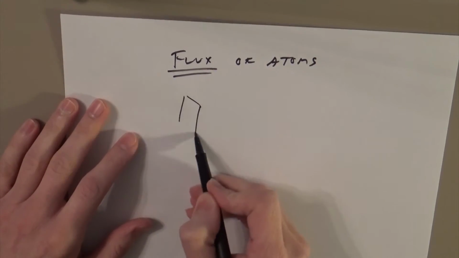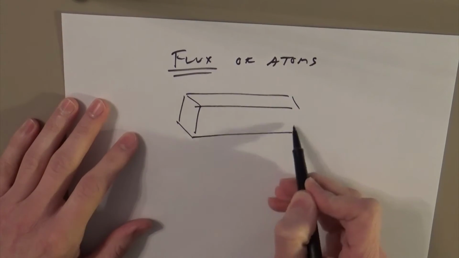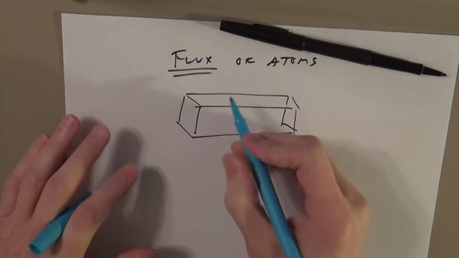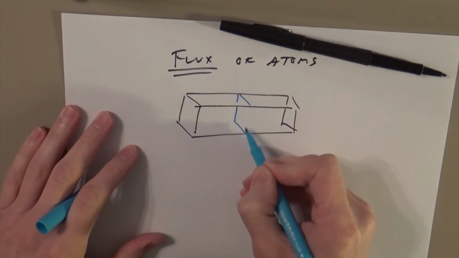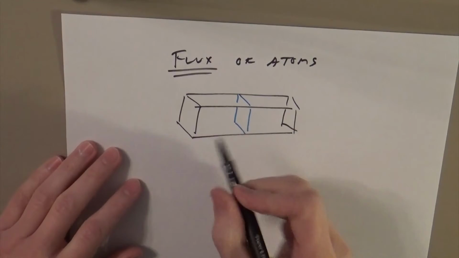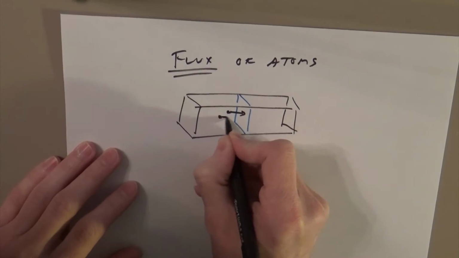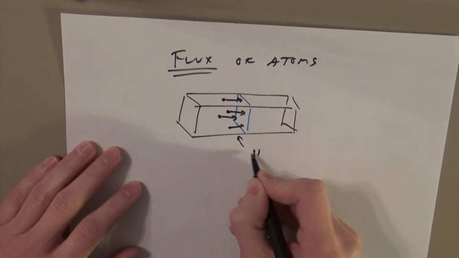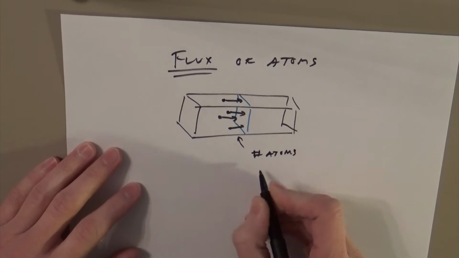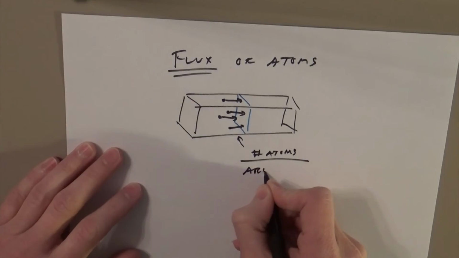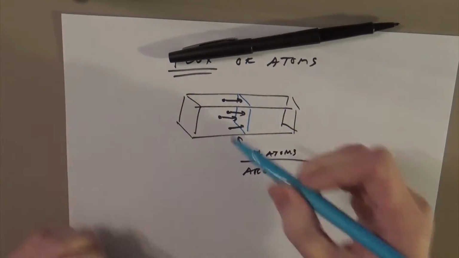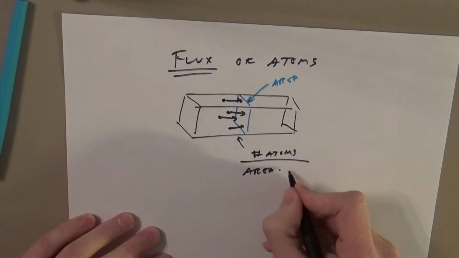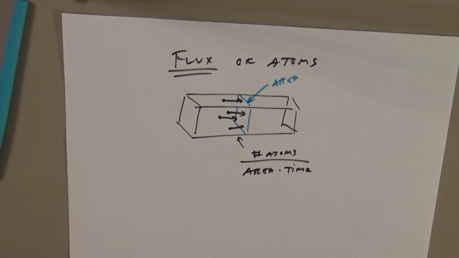So if you want to think about it kind of as a rectangle, if you have some way to make a little window here that you can look at, you have the number of atoms per area, and that area is here. Per time, right?